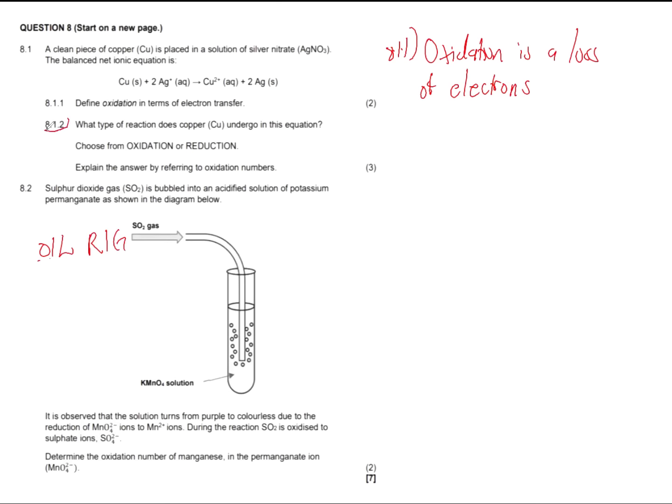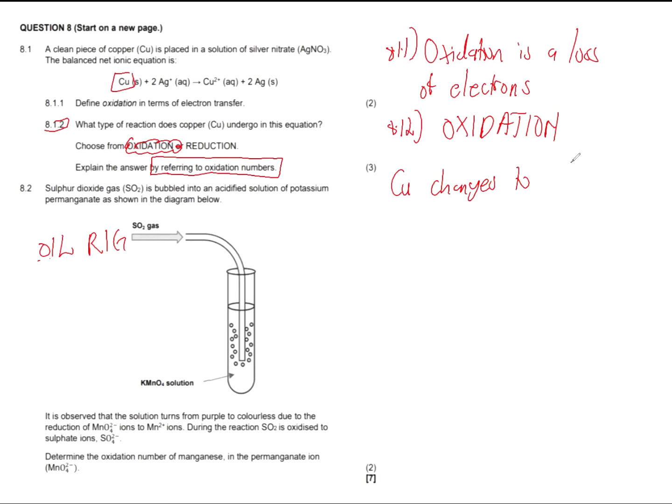Then 8.1.2 says, what type of reaction does copper, Cu, undergo in this equation? Choose oxidation or reduction. Explain the answer by referring to the oxidation numbers. So we already know this equation here, and we know that the reaction that takes place there is oxidation. According to our oxidation numbers, we can see here Cu changes to Cu2+.